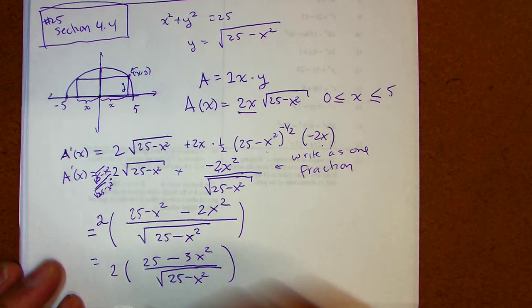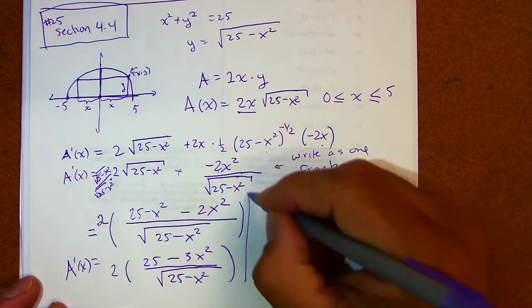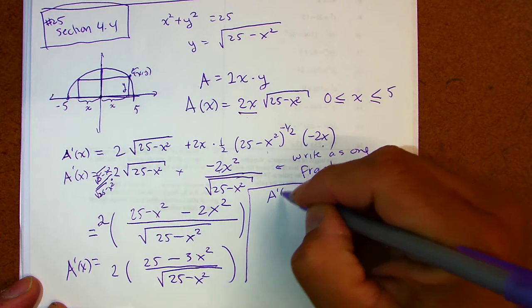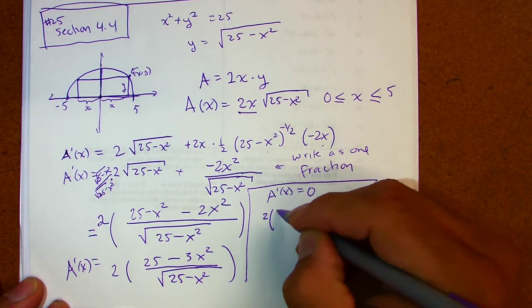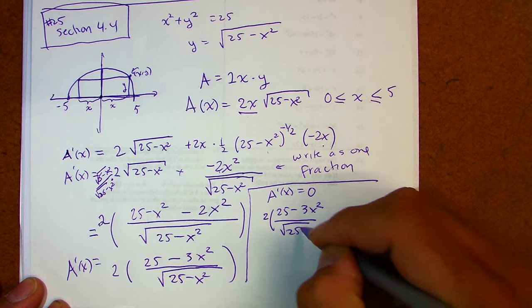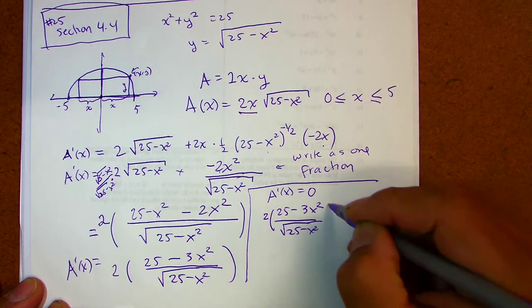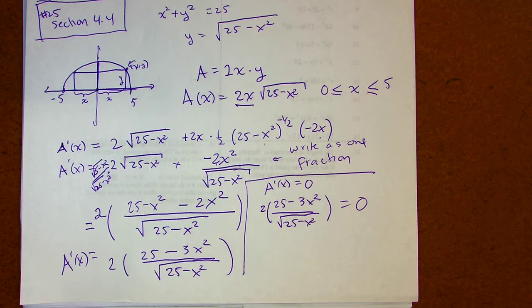And again, once we're at this point, we have to remember what we're looking for is when is that true. So I'll set my numerator equal to 0.